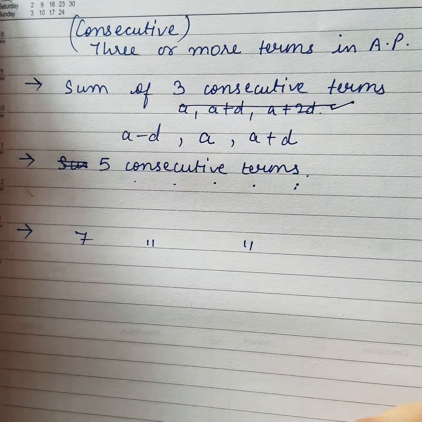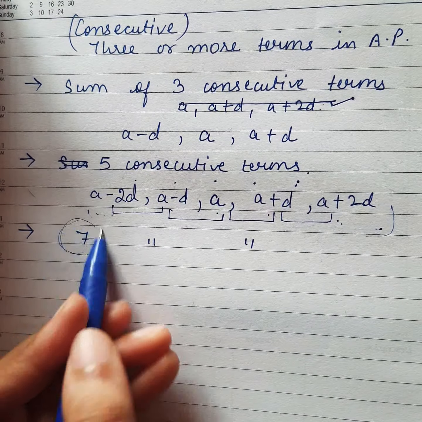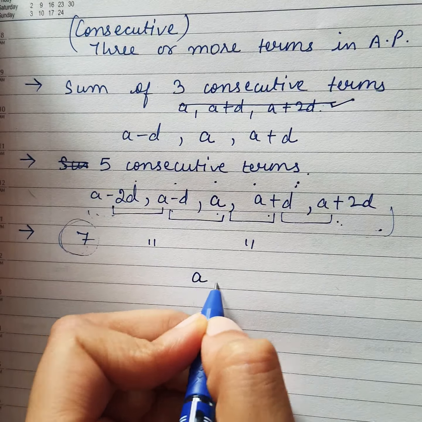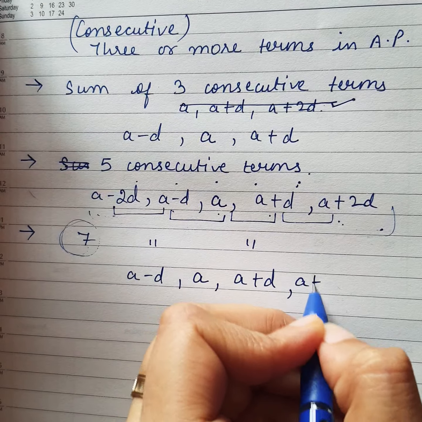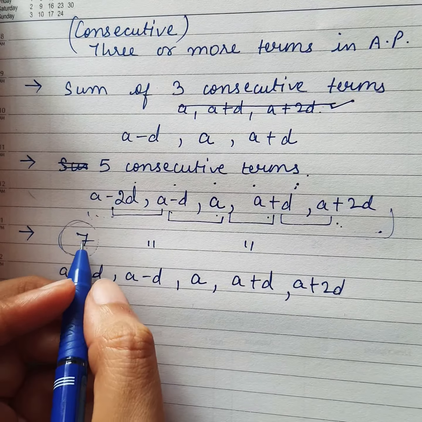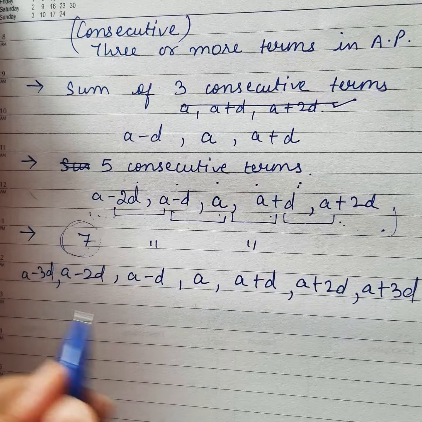You can check the difference between these terms, this and this. They all are same. Same way, if I have to select 7, I will select the middle term, then its consecutive terms before and after, then further before and after. Then since it is 7, A plus 3D and A minus 3D.